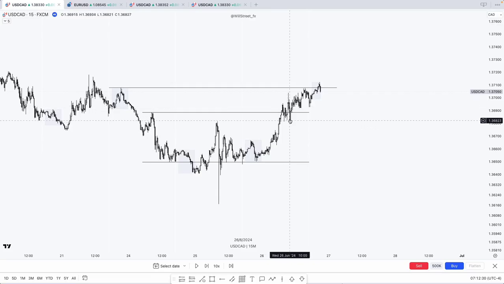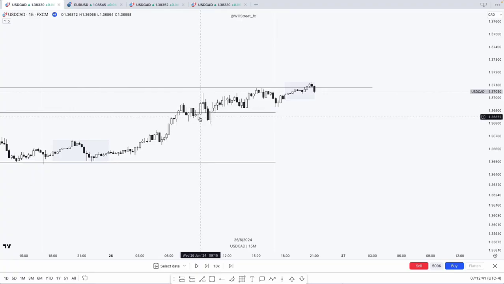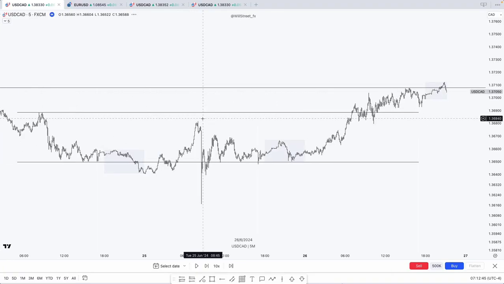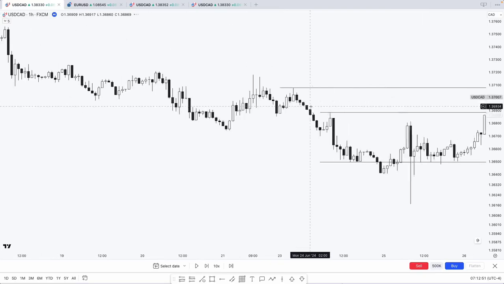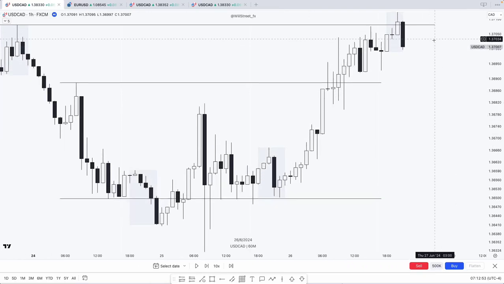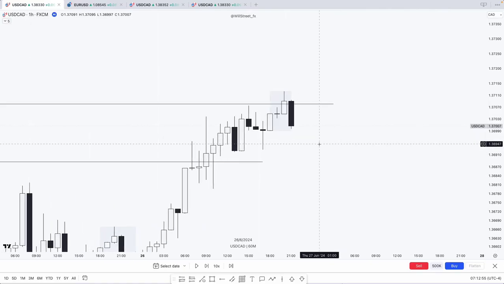Look at this. It fails to create this, to complete this range. So this is what? A short opportunity, turtle soup, market structure shift, some fair value gap in lower time frame. This one, is it a short? No. It's just an opportunity to go long.